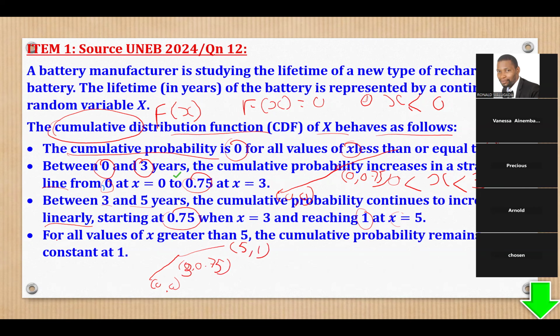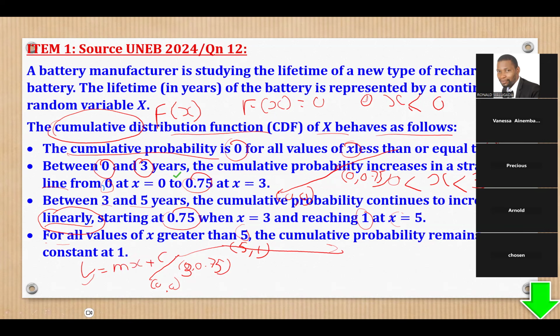Okay, let's proceed. For all values of x greater than 5, the cumulative probability remains constant at 1. So this is now a horizontal line up to where we don't know. Okay, the good thing they've told us that it is linear. So meaning that we can use the equation of a straight line y equal to mx plus c.